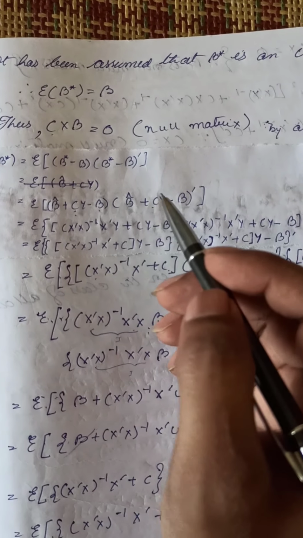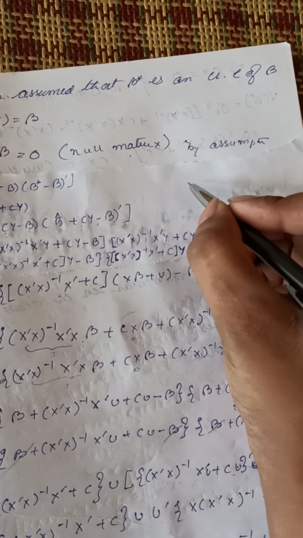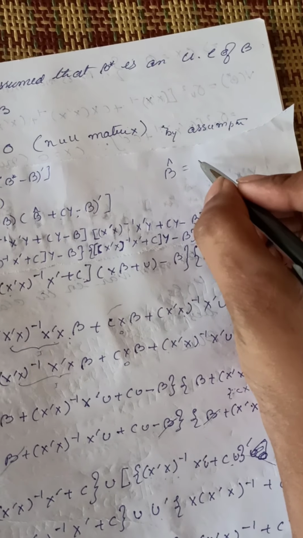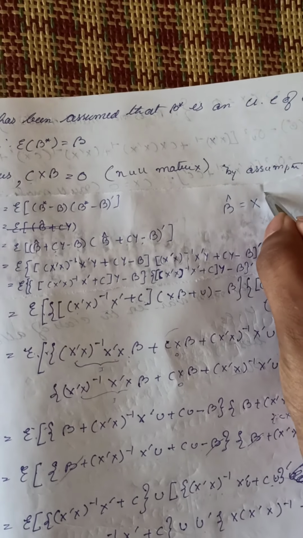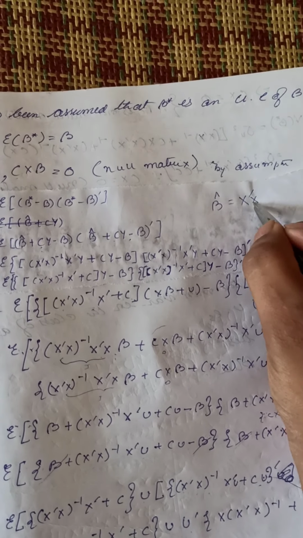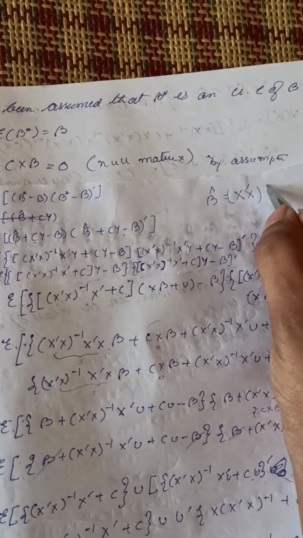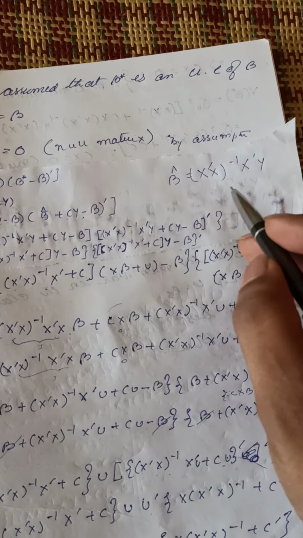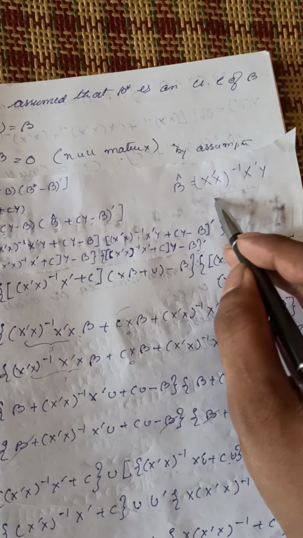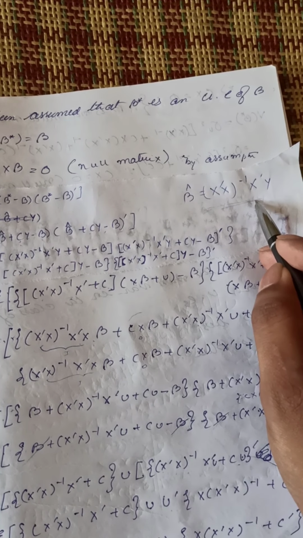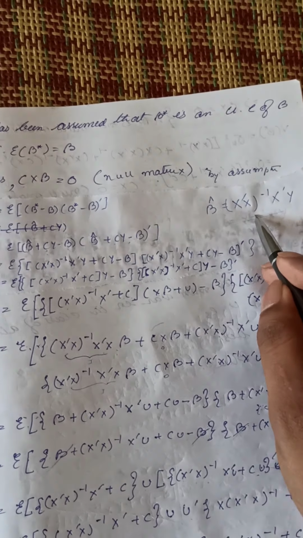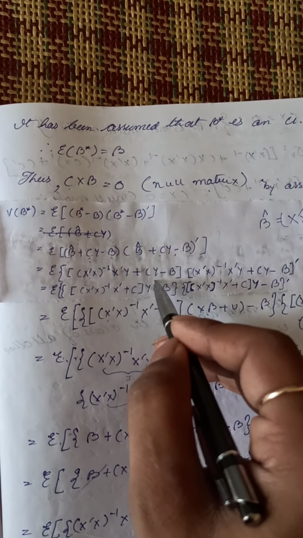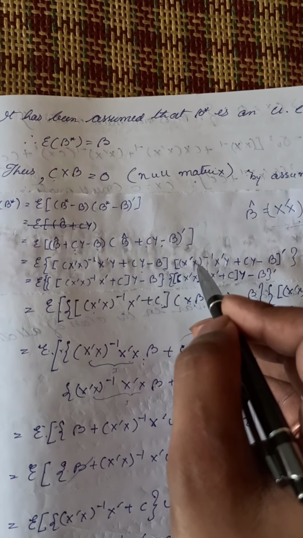According to the OLS estimator, beta cap for the multivariable regression model is equal to x transpose x inverse into x transpose y. This is the OLS estimator in case of the multiple regression model, and we have substituted the value of beta cap over here, and the rest of the terms have been kept as they are.